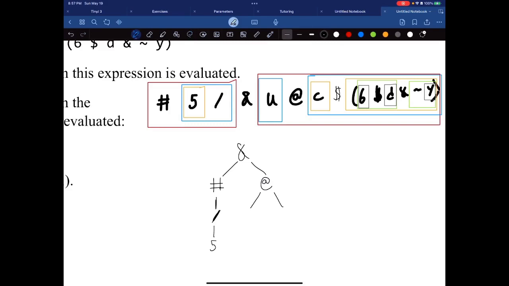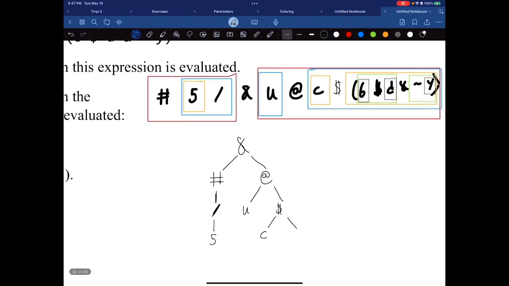We're going to have the U, and we're going to have the dollar sign. Dollar sign is going to have C, and the last operator to be done to the right of the C is the ampersand. So actually, wait, no, hold on. Give me 1 second. Yeah, that looks good.